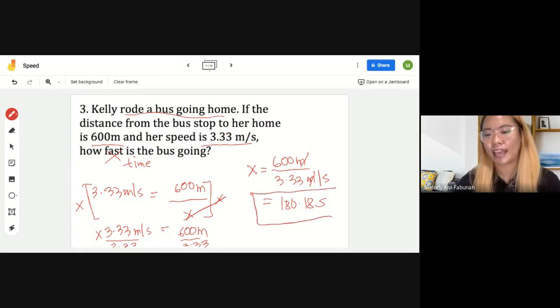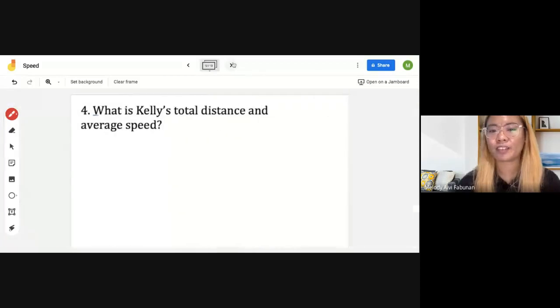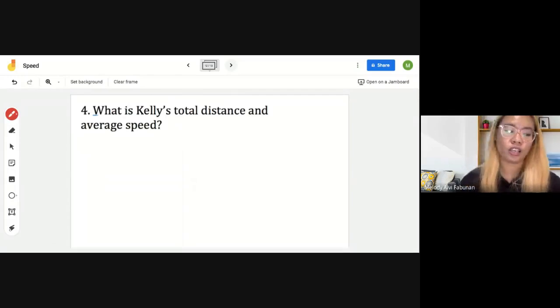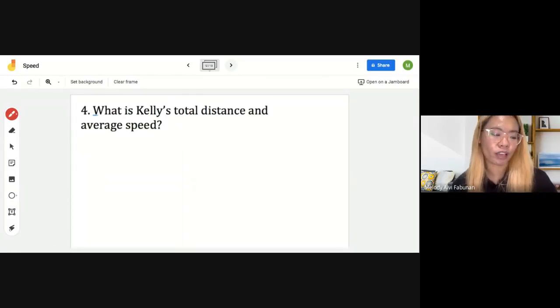Okay? Last na to, please compute for Kelly's total distance and of course, her average speed. So I'm going to give you 2 minutes to come up with Kelly's total distance and of course, her average speed. Your 2 minutes starts now.